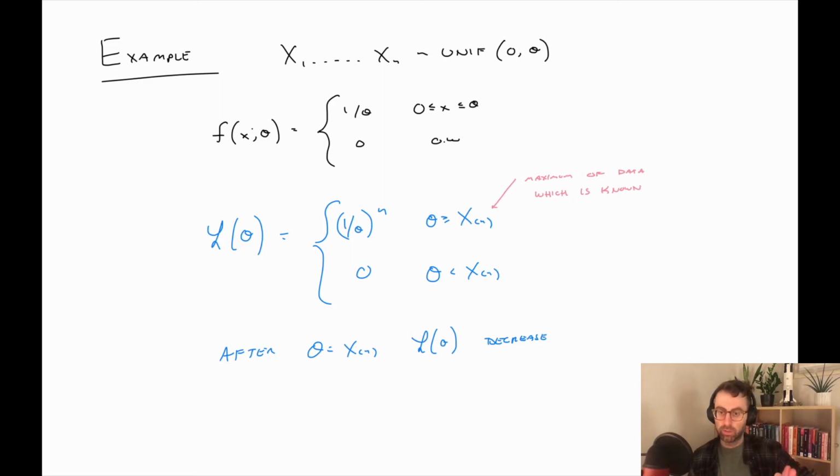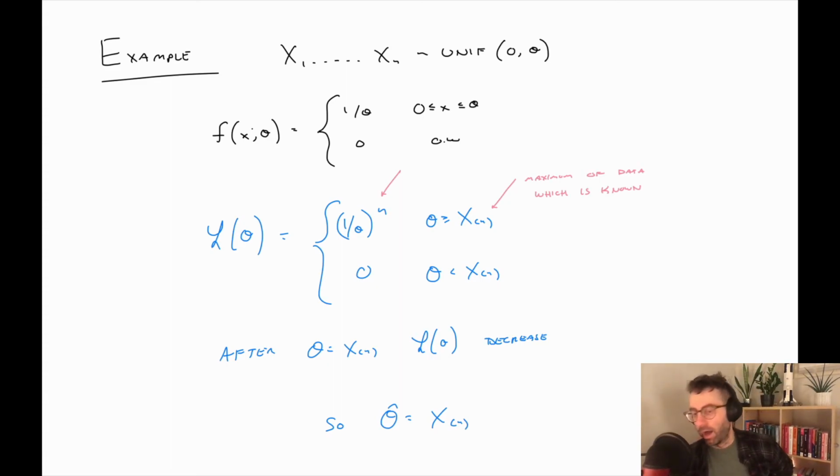Then it shoots up to some value when we hit theta equal to the maximum. And then as we make theta bigger, the likelihood goes down just via what this function looks like here, right? So the bigger theta is, the smaller that function is. So theta hat, the MLE, is just the maximum of the data.